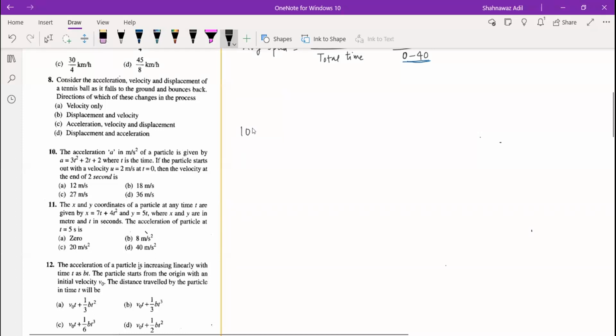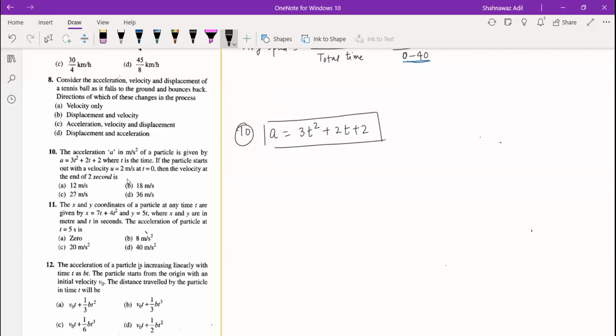So in the 10th question, the acceleration is given in parametric form, and from the acceleration you have to calculate the velocity. So what is the operation that you need to do?